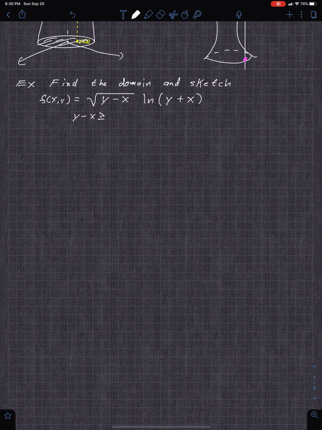That must be greater than or equal to 0. And we have y plus x must be strictly greater than 0. Okay, so if you solve those, you get y is greater than or equal to x. And we have y is strictly greater than negative x.